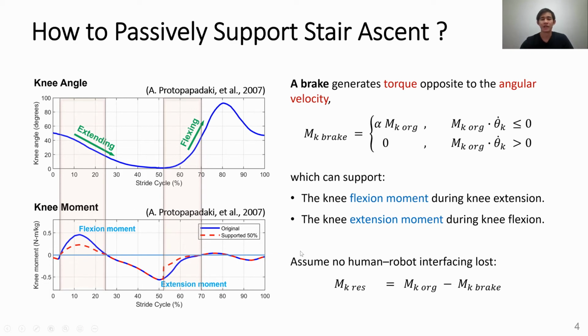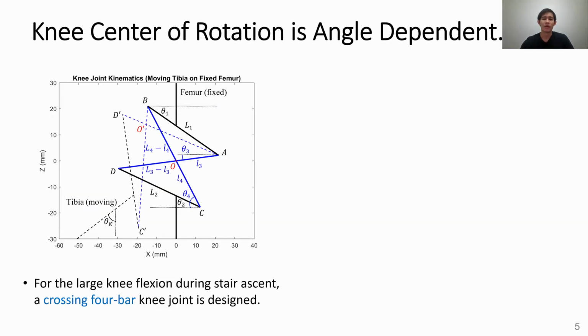But yeah, this is just to show the concept. And one more thing that we consider in this research is that in stair ascent, the knee angle changes in a big range, and also the center of rotation changes a lot along its trajectory.